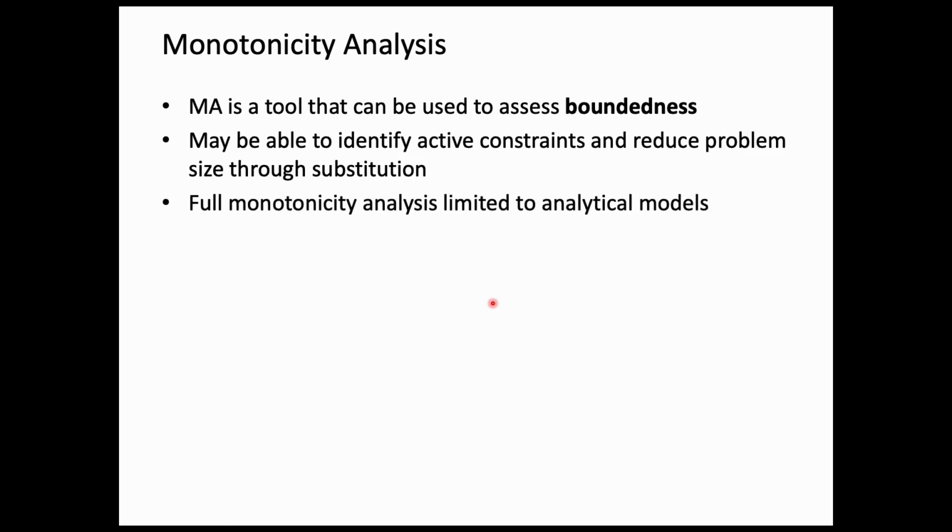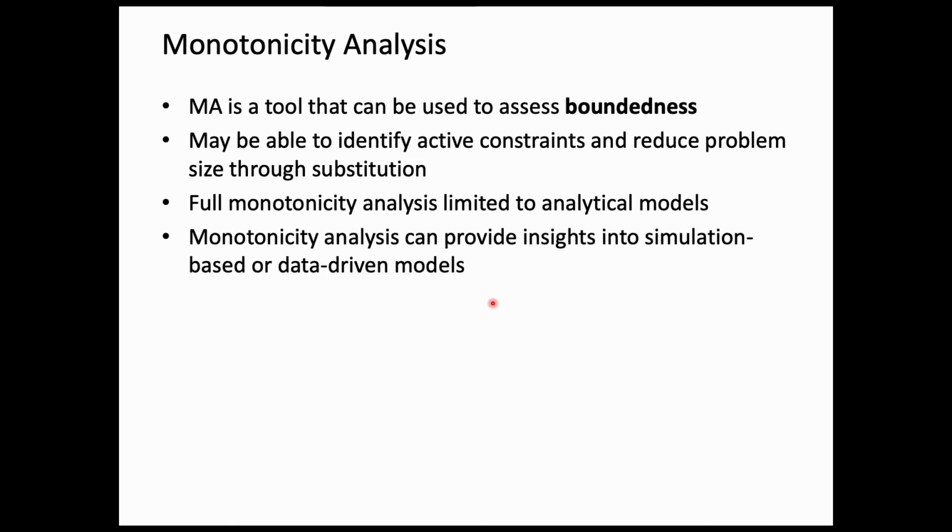Full monotonicity analysis is limited to analytical models or optimization problems where the objective and constraint functions are expressed in terms of things like algebraic expressions. But monotonicity analysis can still provide insights into more practical classes of problems, such as simulation-based problems or optimization problems that involve data-driven models.